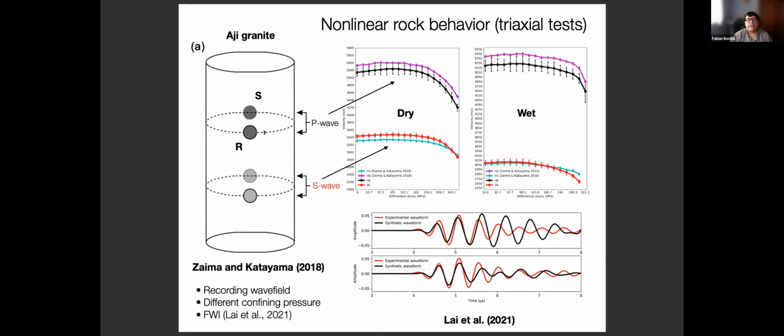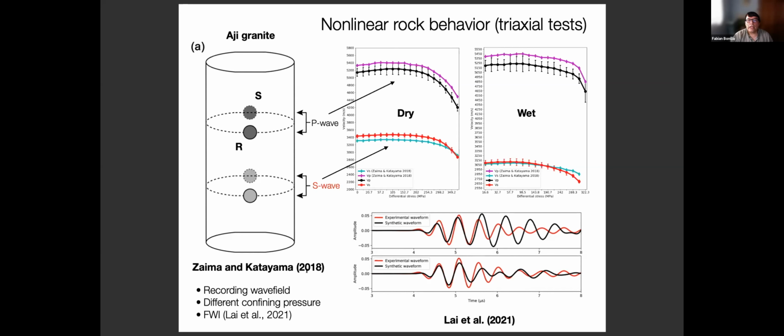Since they know the size of the sample and measure the travel time, they can measure the P wave velocity and also the S wave velocity as they increase the stress in the triaxial cell. So you can observe that you also have a decrease as the stress increases.